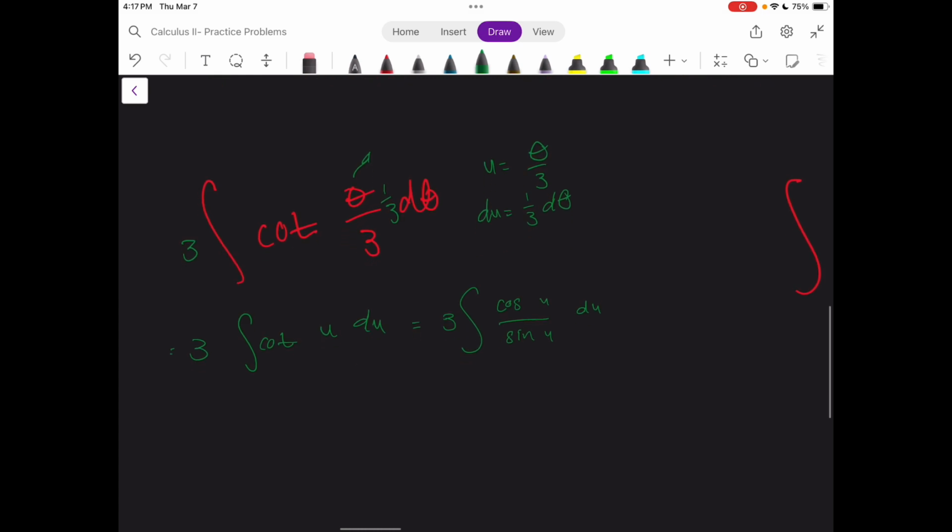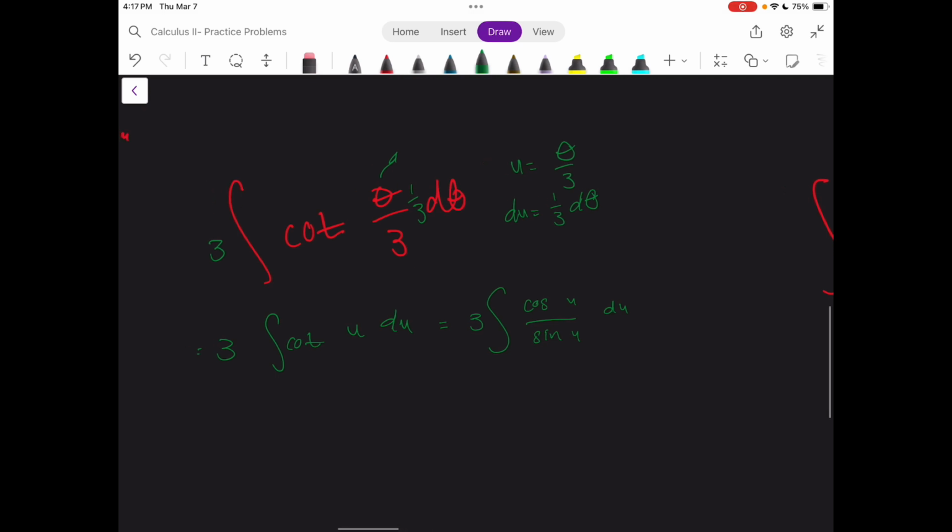Now you can see that we have a derivative over a function. So if we make another substitution, call it w, like a double u substitution, w is going to equal sine of u, right? And dw happens to be cosine of u du. That works out perfectly, because now we could rewrite this as 3 integrals of dw over w, which we know turns into ln of the absolute value of w, plus c, right?